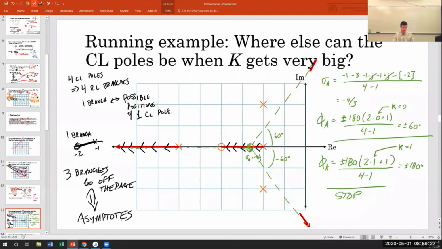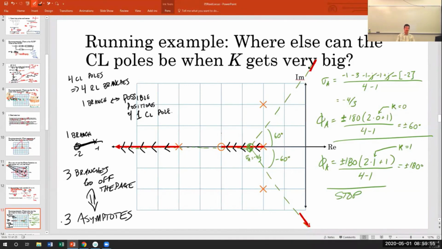Yeah, that's a great question. And so just to recap real quick, the asymptotes are the locations where there could be closed loop poles? The asymptotes tell us the locations that the branches will approach as k gets big. The asymptotes are not root locus branches.